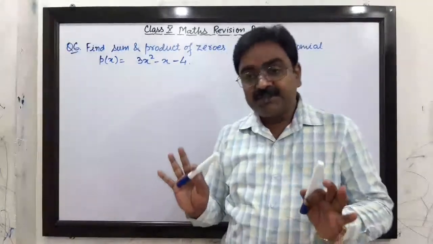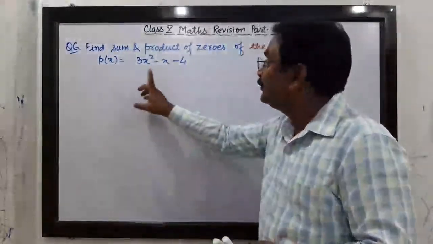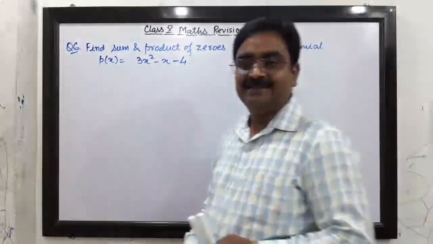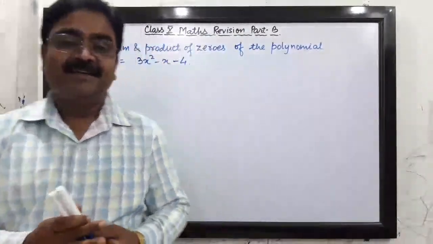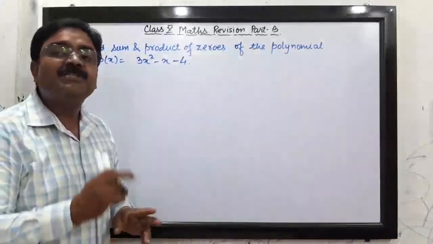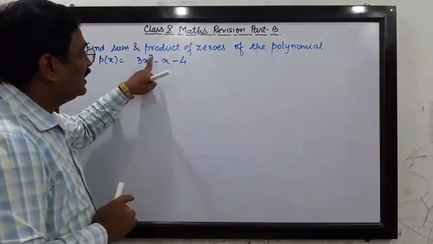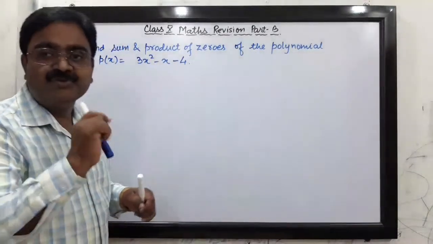एंड सो डियर स्टूडेंट्स, to solve this type of question, first you have to recognize which type of polynomial this is. पहले आपको ये recognize करना है. So as from the degree it is clear that this polynomial is a quadratic polynomial. कौन सा polynomial है? Quadratic polynomial है, because इसकी डिग्री 2 है.